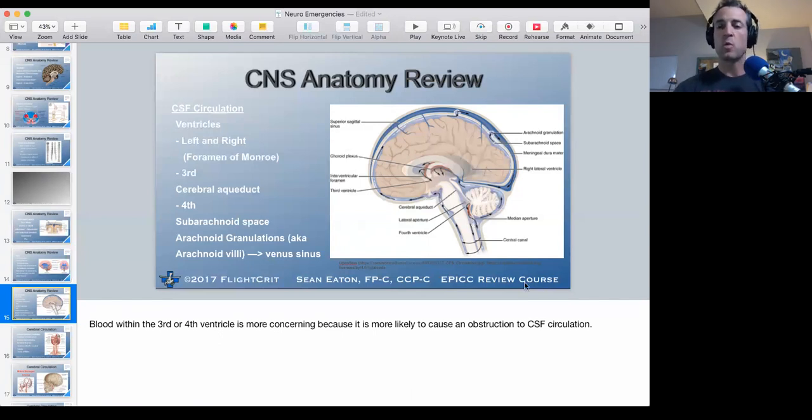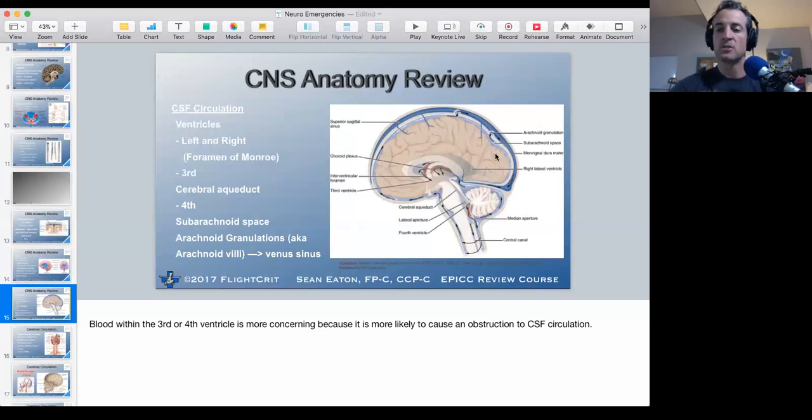This is why that helps to minimize ICP, because you have this CSF that is produced within the lateral ventricles, and it circulates around the spinal cord and cerebellum, and eventually it goes through these aqueducts into the subarachnoid space. You can see it passes through these arachnoid granulations, and it gets reabsorbed into the cerebral venous system.